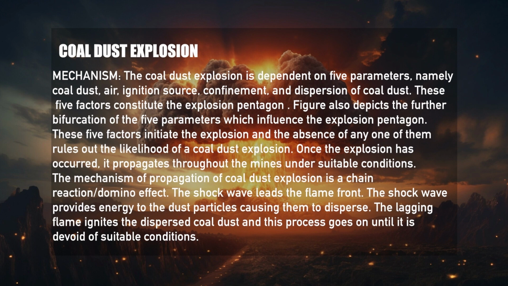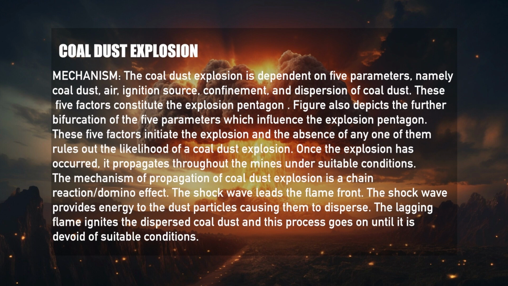The absence of any one of these factors rules out the likelihood of a coal dust explosion. That means if any one is not present, then the coal dust explosion cannot happen.